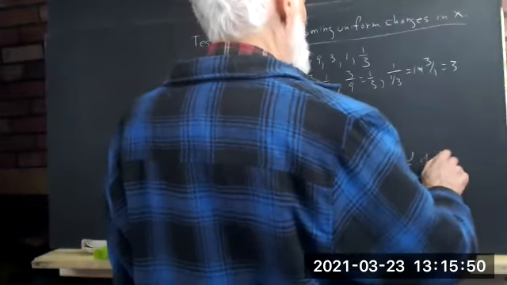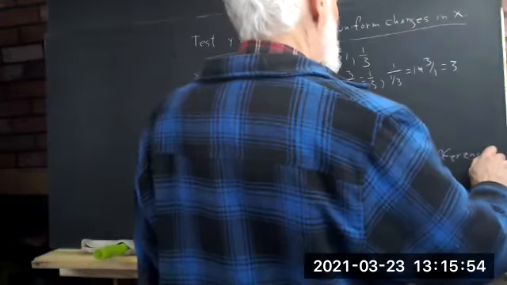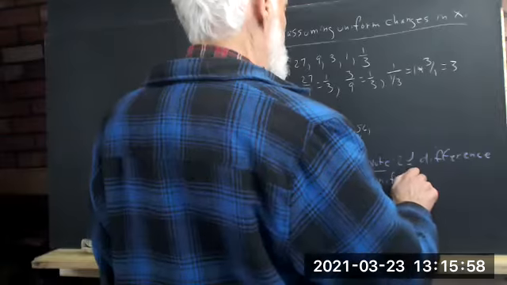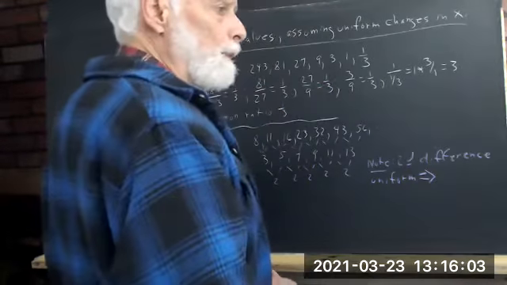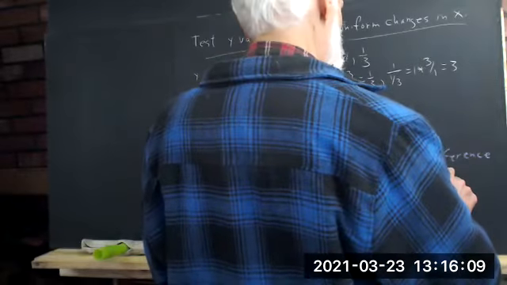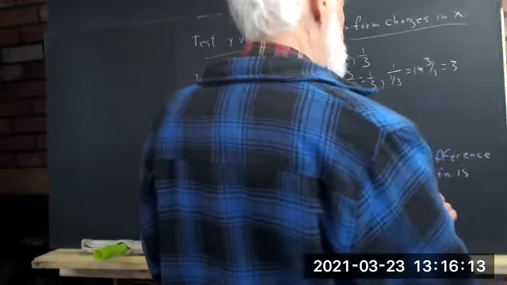So I'm going to note that what I call the second difference is uniform, which implies that the function is quadratic.